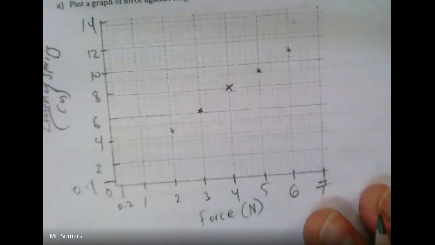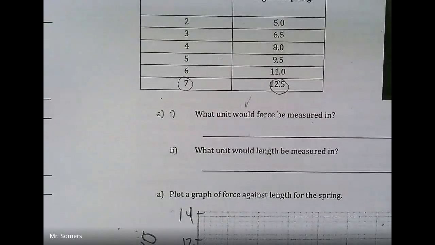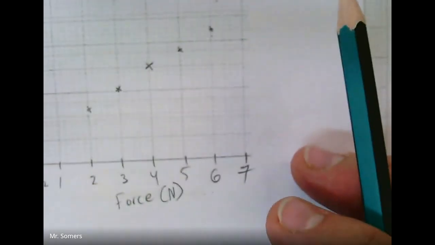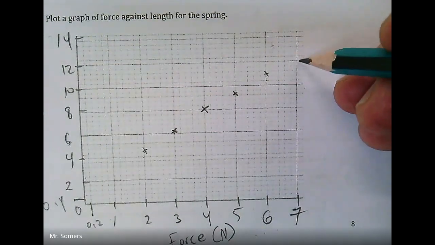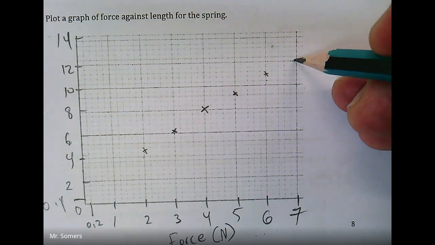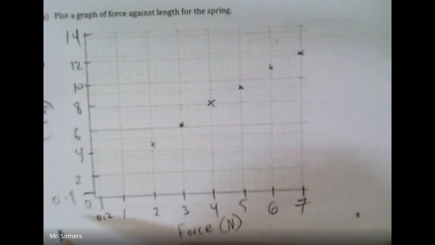Okay, there we go. You're going to notice something about the line now. We're going to visually have to inspect the line afterwards to make a decision on the line of best fit. The last one is going to be 7 and 12.5. So along the corridor, 7 and up to 12.5. Like we said before, it's going to be barely above, because it's going up by 4s otherwise.